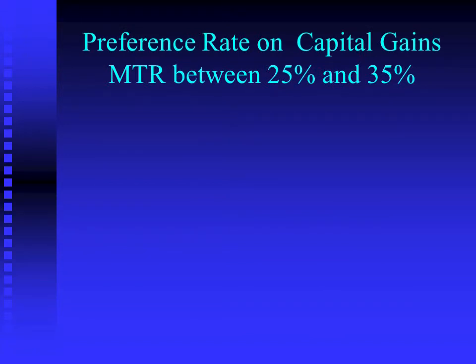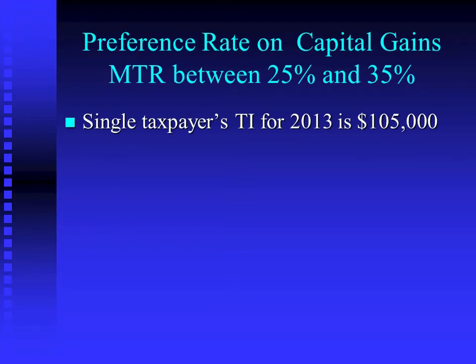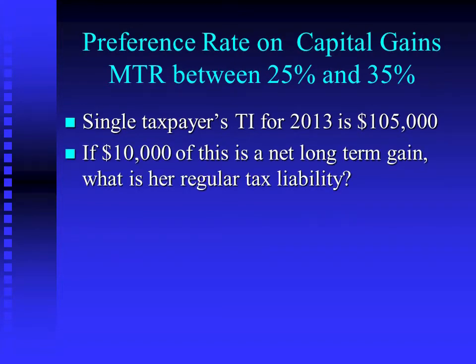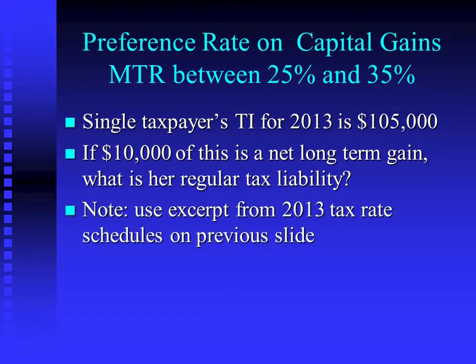All right, and if you were between 25 and 35%, the calculation would have us paying the tax at 15% instead of 20%. So the slide that I rushed through real fast was just the rate schedules.